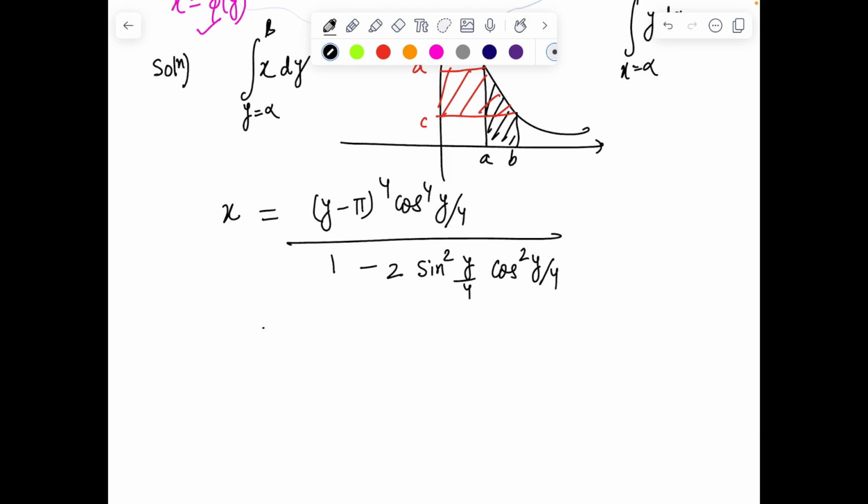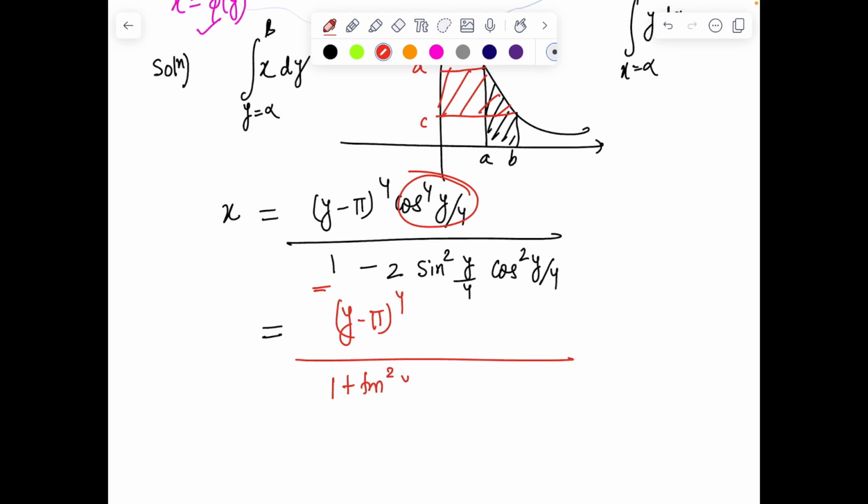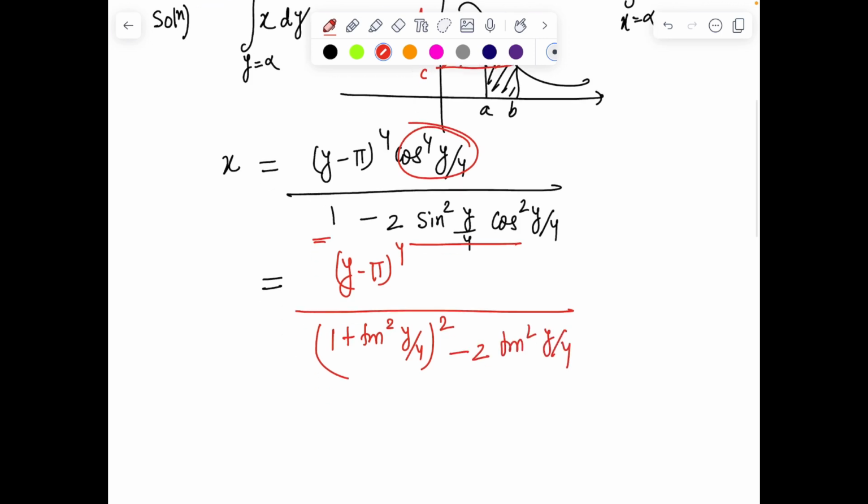So by plugging this, we get this information. Now we can simply divide by this cos 4 part. Dividing by this expression gives me y minus pi whole to the power 4 by secant 4 y by 4, and that can be written as 1 plus tan squared y by 4, which is secant squared whole squared, and this is minus 2 tan squared y over 4.